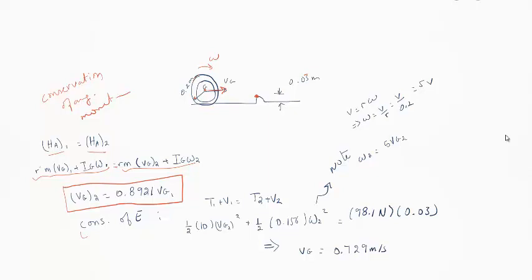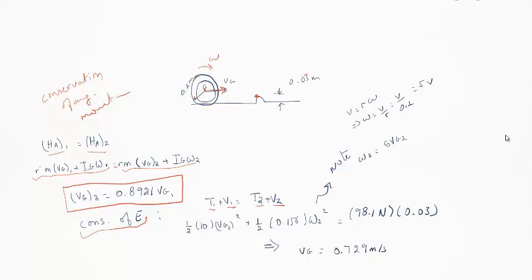Next, let's go over conservation of energy. We covered that in the previous video. So we have T1 plus V1 equals T2 plus V2. Now if you don't know this, you probably should go back to the previous video, cover that, and then come back here. So what's T1? 1/2 mv squared, and then plus 1/2 IG omega 1 squared.